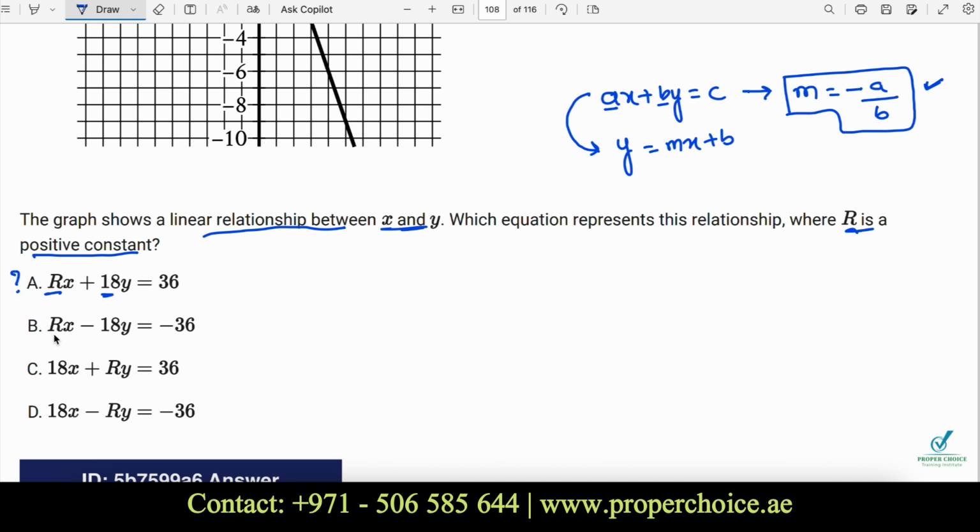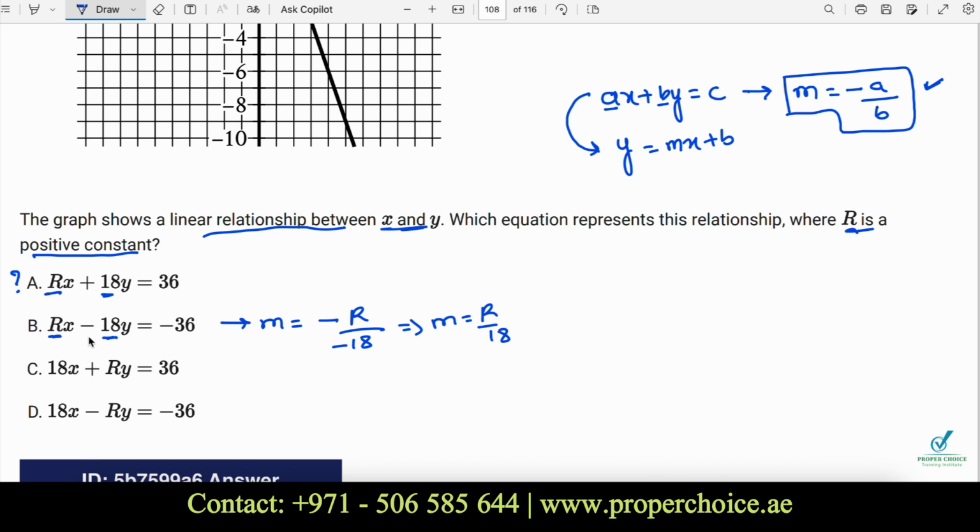But here the coefficient of y is negative, so this gives me a positive slope. As I said, slope is the negative coefficient of x, which is r, divided by the coefficient of y, which is negative 18. So negative by negative gives a positive slope, r by 18, as they said r is positive.